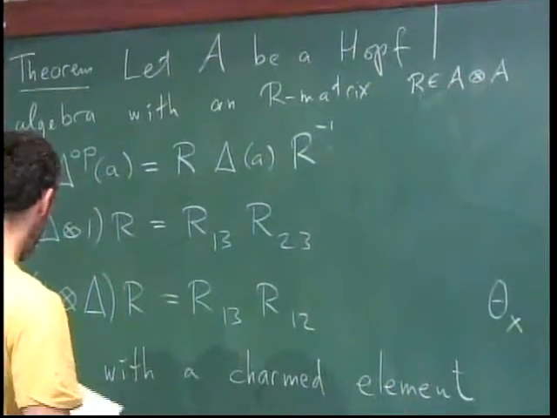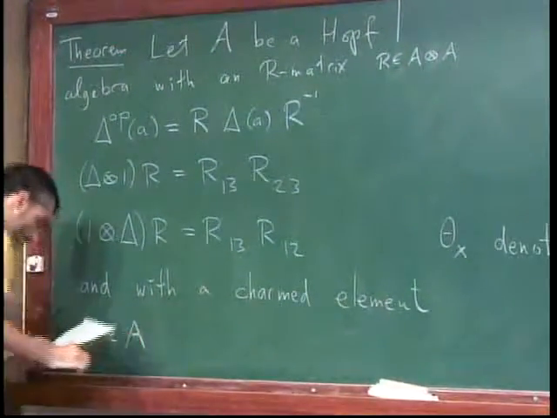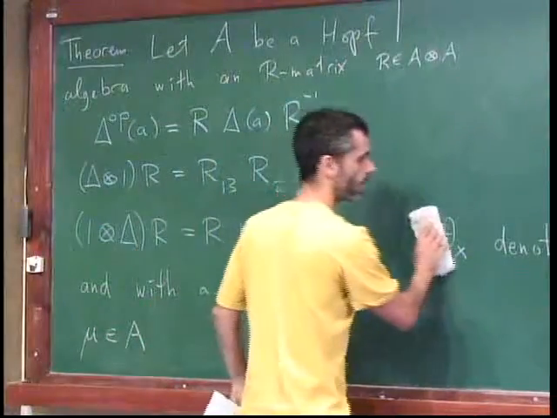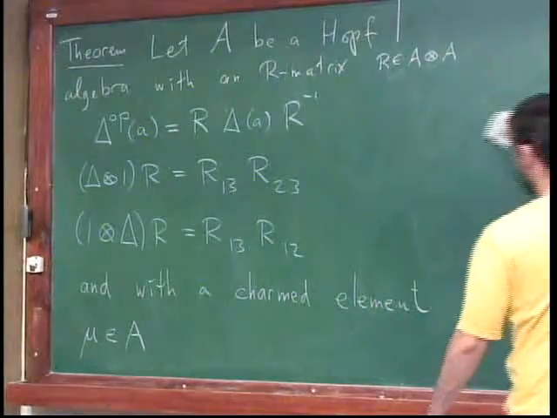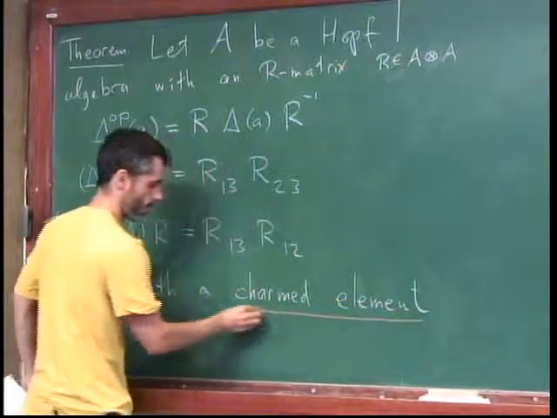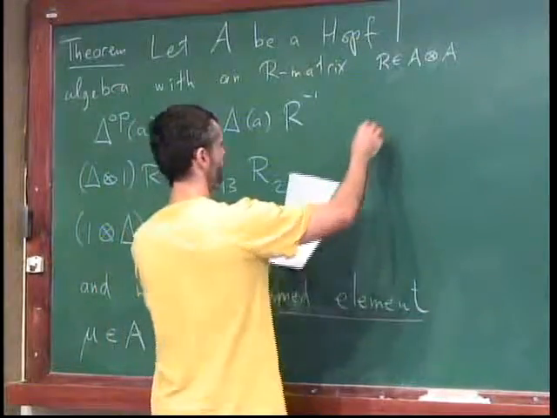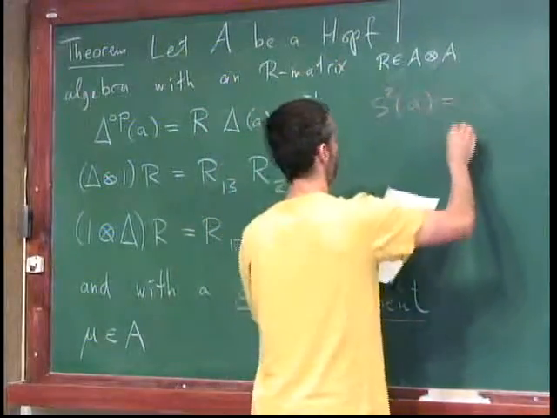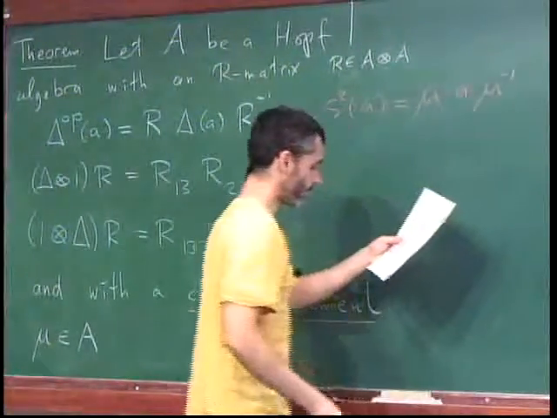The charmed element is denoted mu and is an element of A, and it satisfies its own set of axioms. So here they are. S squared of a equals mu a mu inverse.